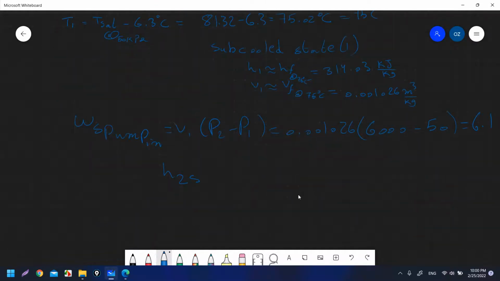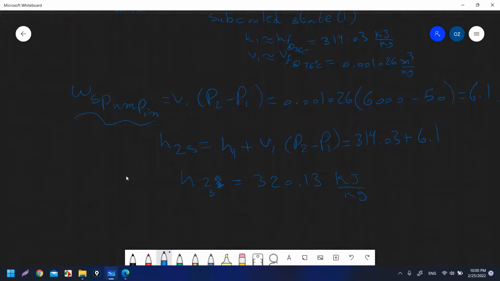So H2S is equal to H1 plus V1 times (P2 minus P1). P2 minus P1 times V1 is the work pump in. So H1 is 314.03 plus 6.1, the work pump in, and this will give that H2S is equal to 320.13 kilojoule per kilogram.